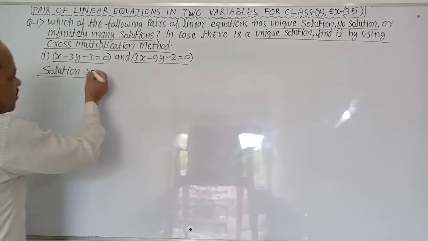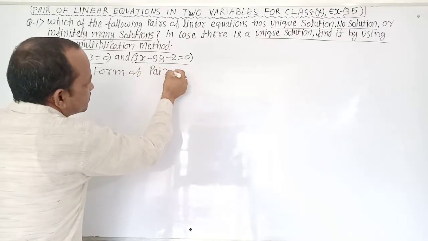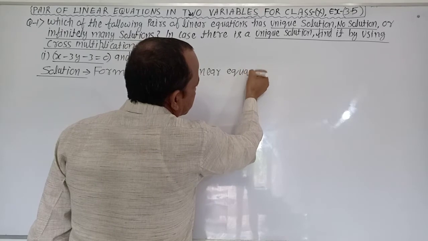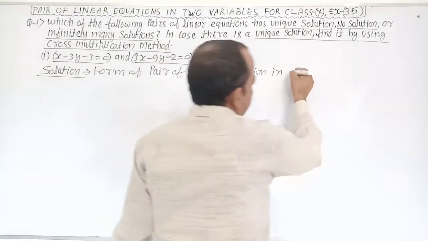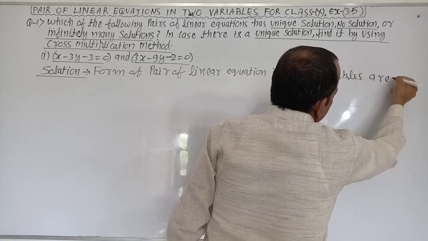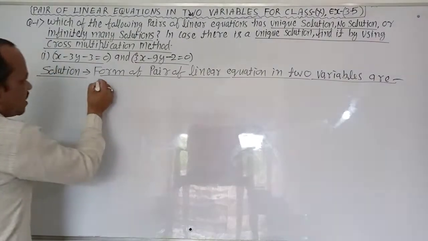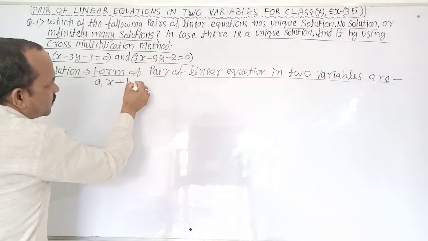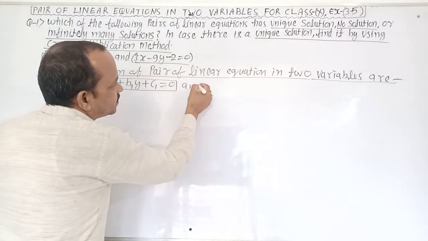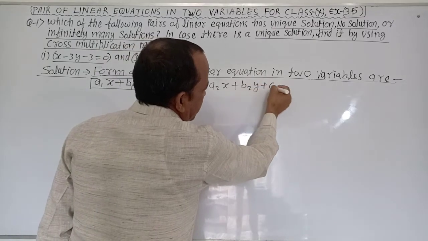Solution. Form of pair of linear equations in two variables are a1x plus b1y plus c1 equal to 0 and a2x plus b2y plus c2 equal to 0.